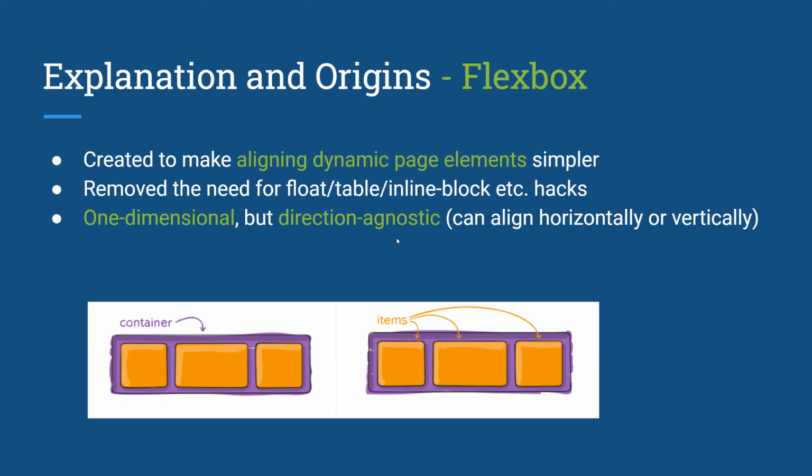So you can define columns or rows and define how the children of those columns and rows behave and how they fit to the screen. It's really good for small scale layouts, not necessarily for defining your entire page layout, but for something like controlling how things are displayed in a sidebar or in a top nav bar, or just anything that's only one dimensional. Flexbox is great for that.